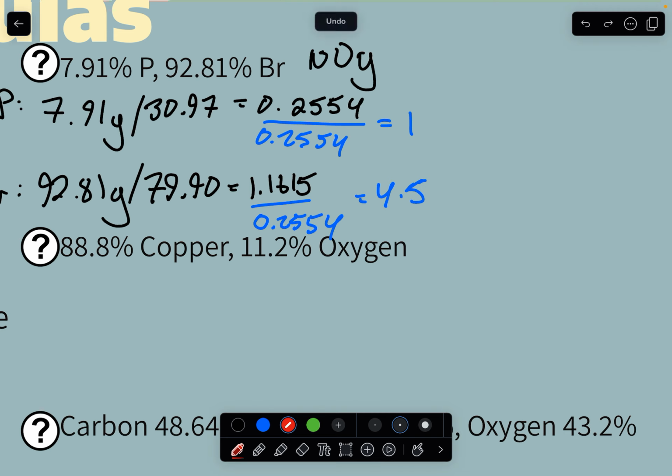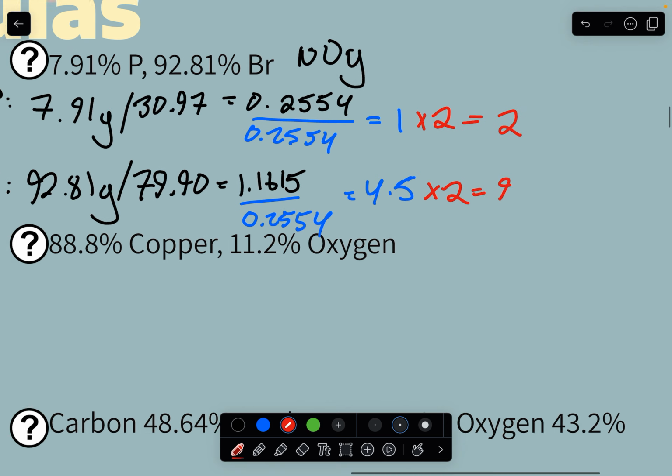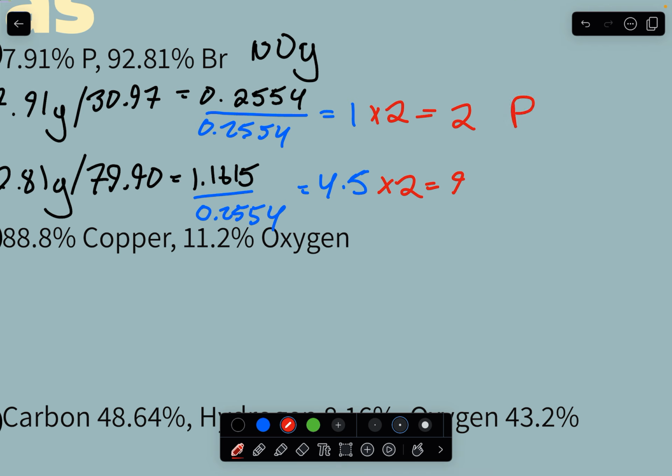So to get a 0.5 to a whole number, we need to multiply by 2. Remember, if we do that to 1, we need to do that to both. So for phosphorus, 1 times 2 is 2. For bromine, 4.5 times 2 is 9. So our ratio for phosphorus to bromine is a 2 to 9 ratio. So our empirical formula is P2Br9.